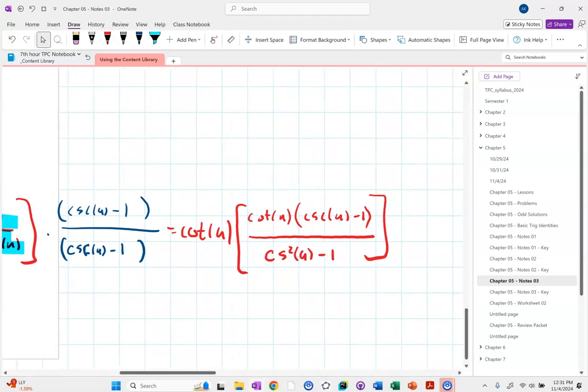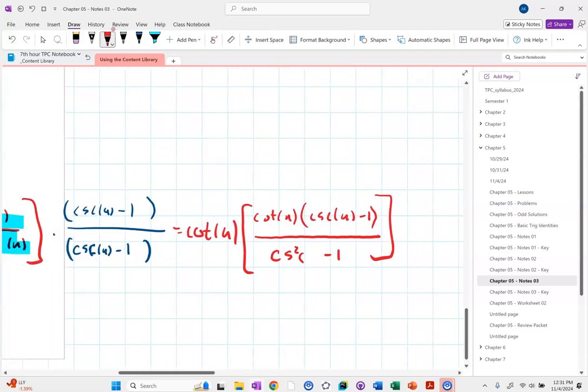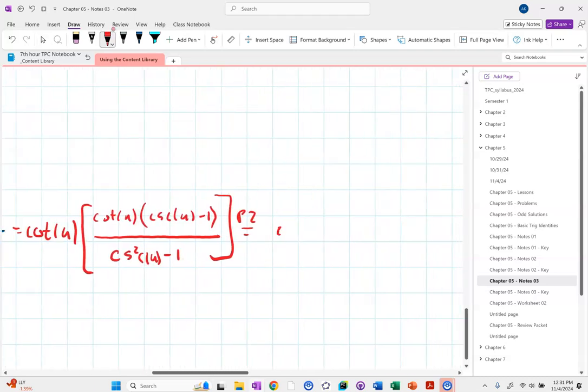And Ethan's already identified, oops, forgot a C there, that we can use P2 to write that cosecant squared minus 1 as cotangent squared.